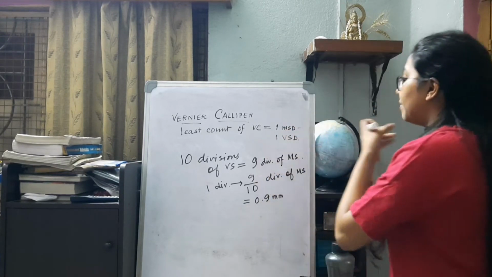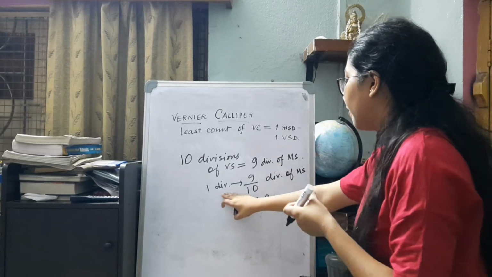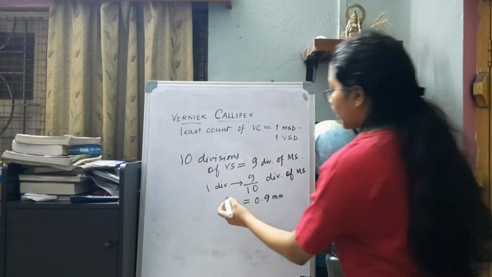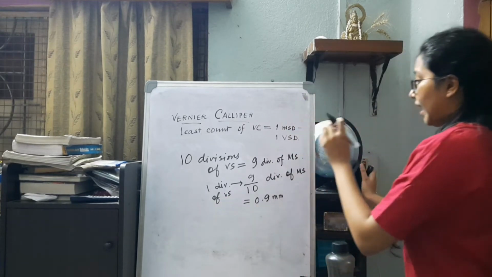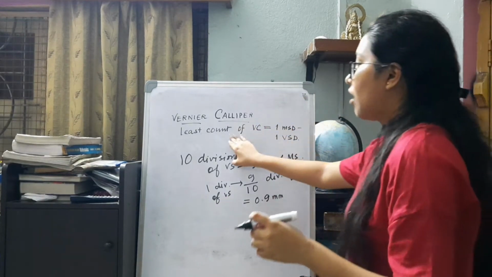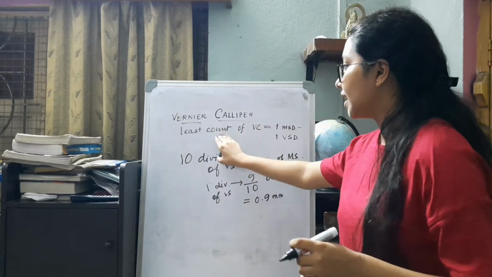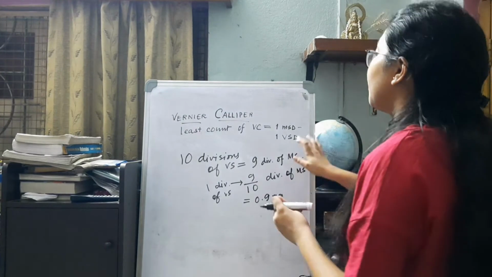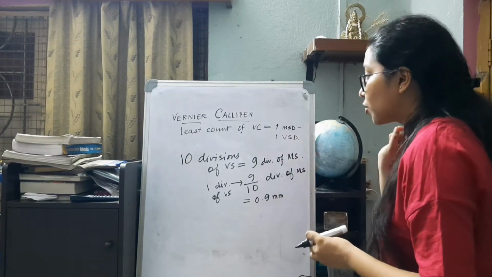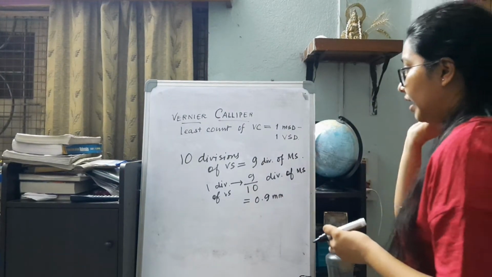So if I take a millimeter division scale, in general 1 division of the vernier scale is nothing but 0.9 millimeter. Now, as I have already written, the least count of a vernier caliper is 1 main scale division minus 1 vernier scale division.